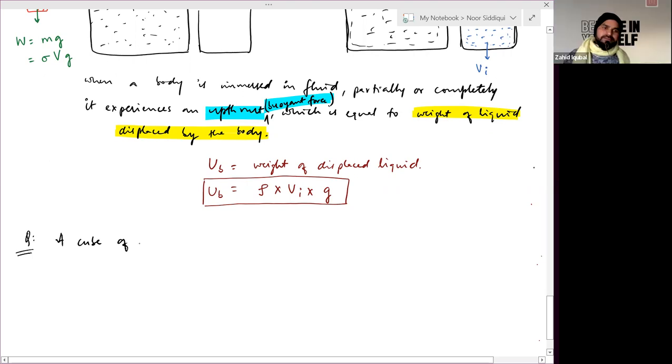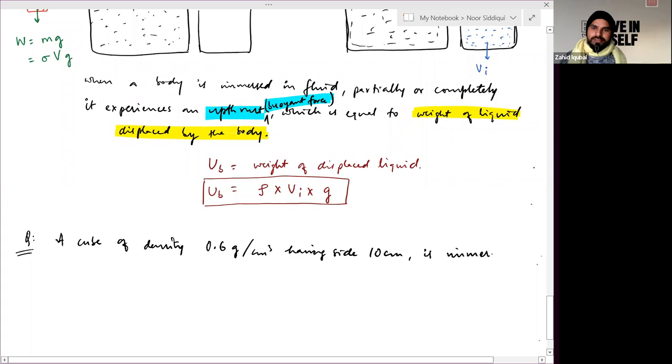A cube of density 0.6 gram per centimeter cube having side 10 centimeter is immersed in water so that 3 centimeter remain in air.